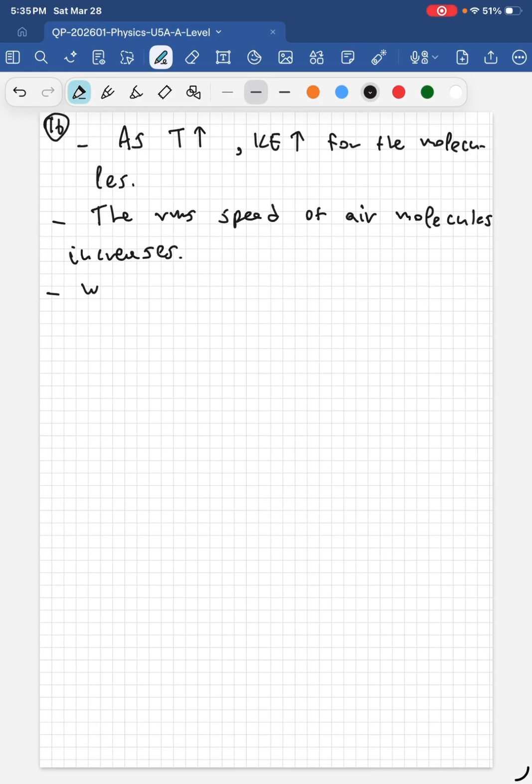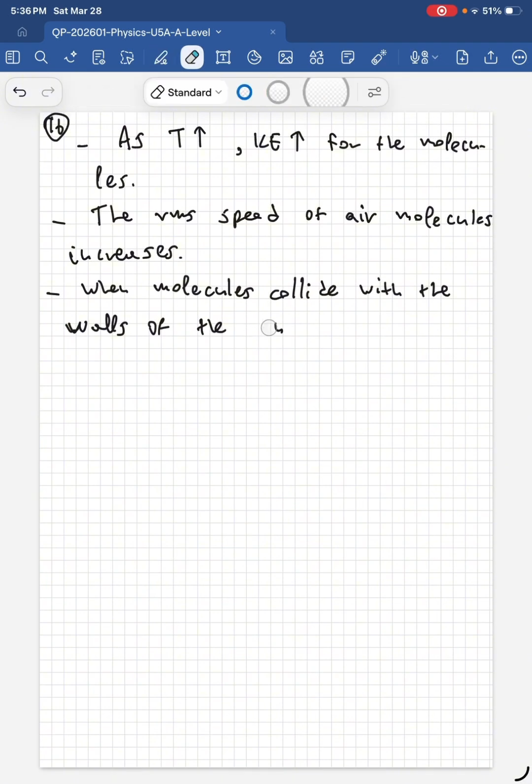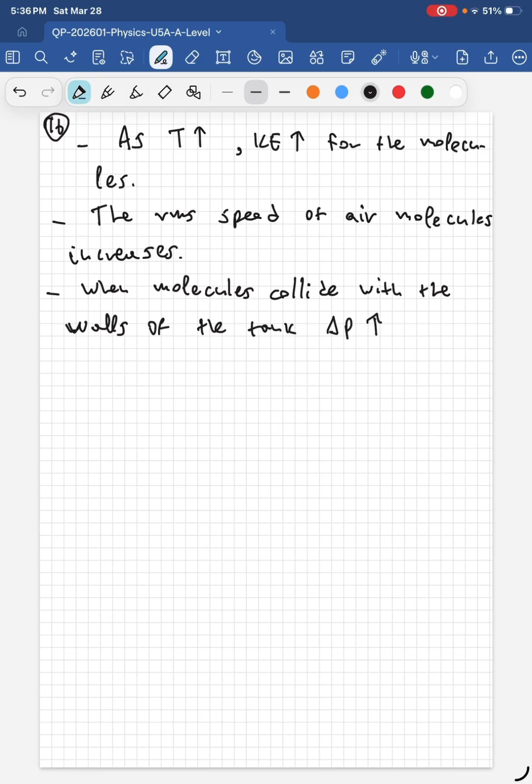When molecules collide with the walls of the tank, delta P, the change in momentum, increases as well, because momentum is proportional to velocity. Therefore, if velocity increases, delta P increases.